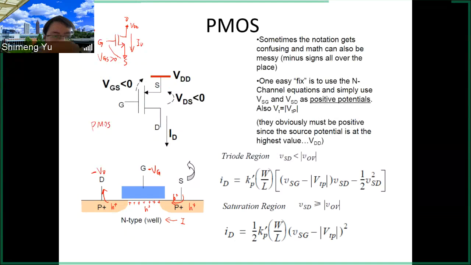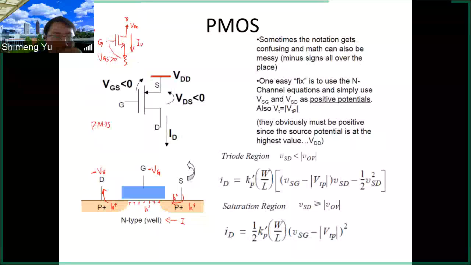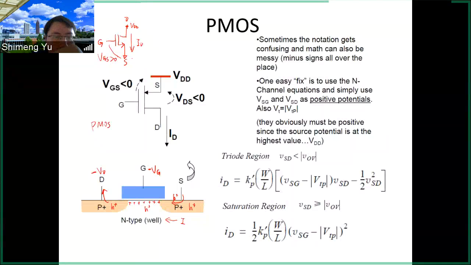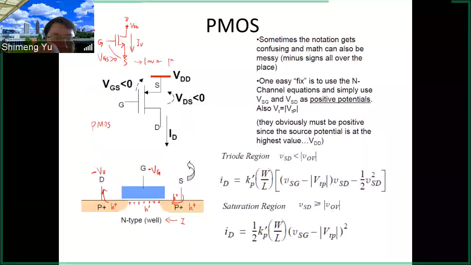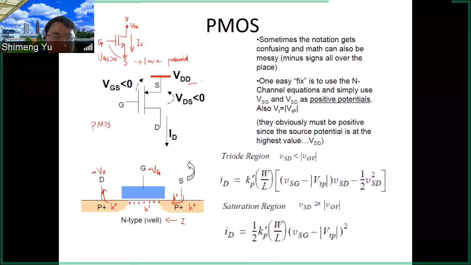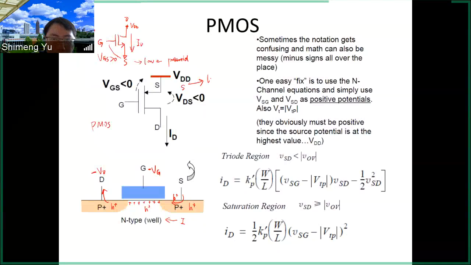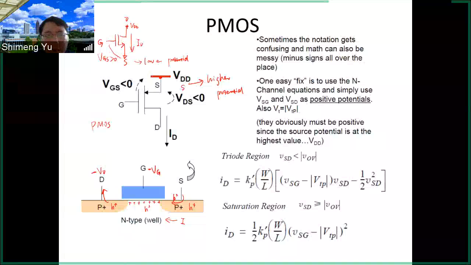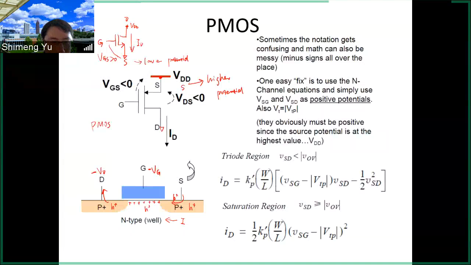In the NMOS, you see that the source is at lower potential. But for the PMOS, the source is at higher potential. So for example, the source for the PMOS is attached to the power supply, VDD, and the drain is grounded.